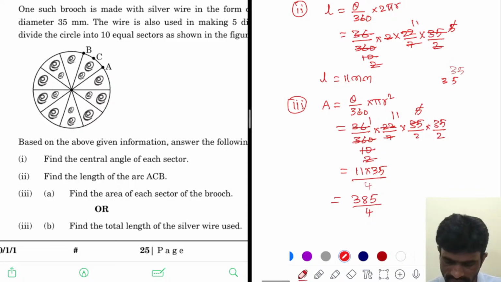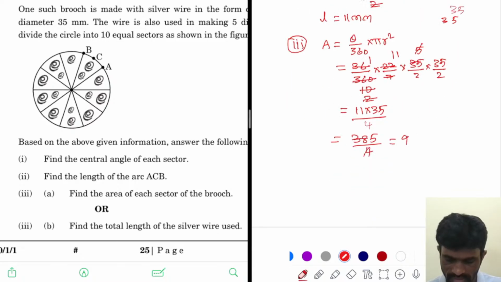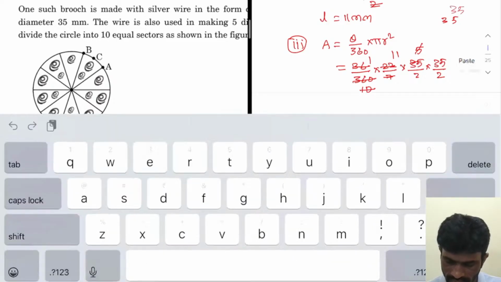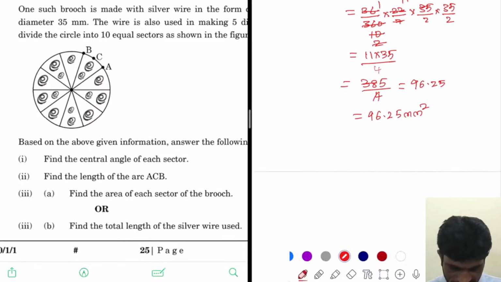If we divide, 4 nines are 36, then 2 will be there, 25. So the result is going to be 96.25 millimeters squared. Units also you have to write correctly.